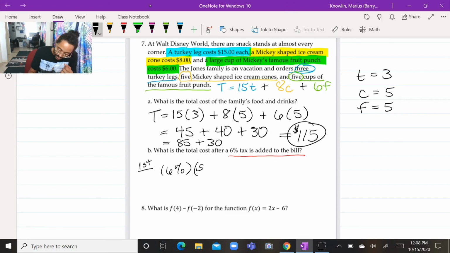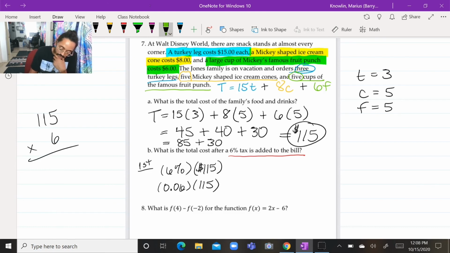So that's first. 6% of $115, which we're just going to multiply, so 0.06 times 115. Over here to the side, 115 times 6 gives us 30. Drop the 0, carry the 3. 6 times 1 is 6, plus 3 is 9, and then 6 times 1 is 6.